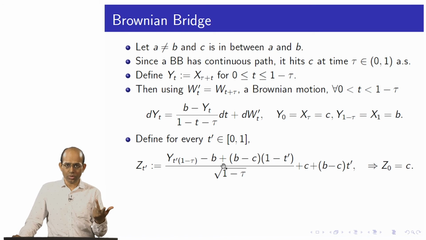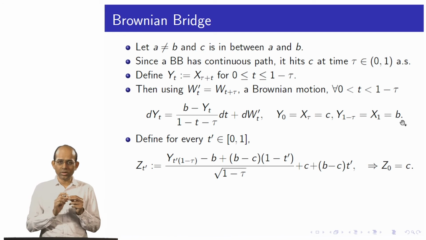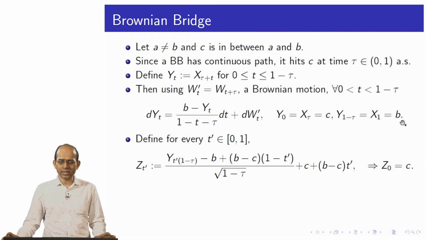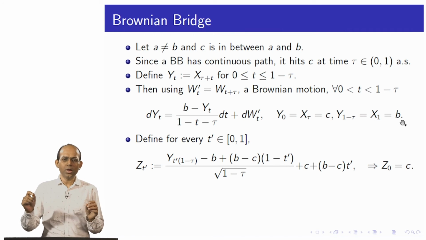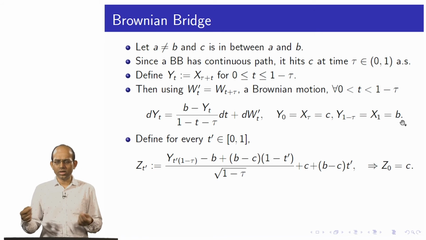So, numerator is 0, and then here if I put t prime is equal to 1, I would get b minus c, but this c and this minus c would cancel each other. So, I would get b. So, z of 1 is b. So, z is connecting c to b during the time interval 0 to 1. Okay. So, surely this is a very nice candidate for a Brownian bridge, okay. But any process which connects the 2 points at time 0 and 1 need not be a Brownian bridge.